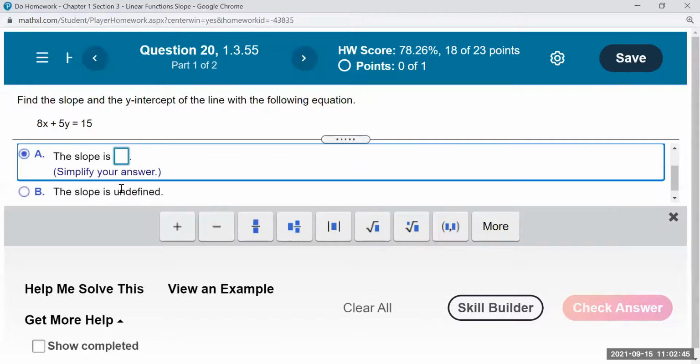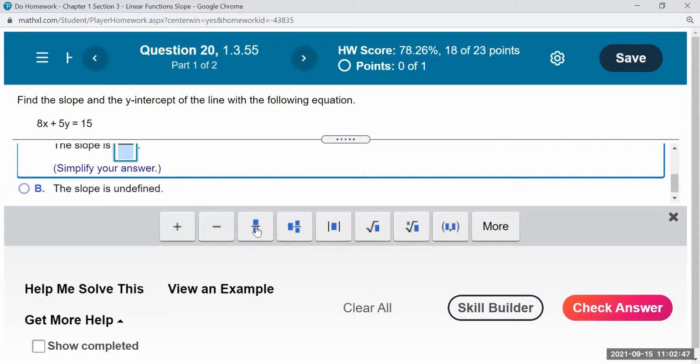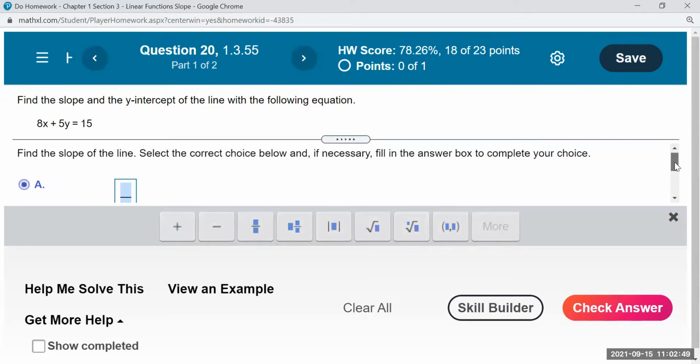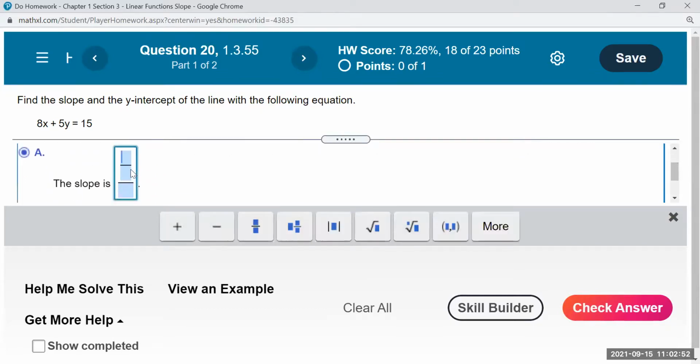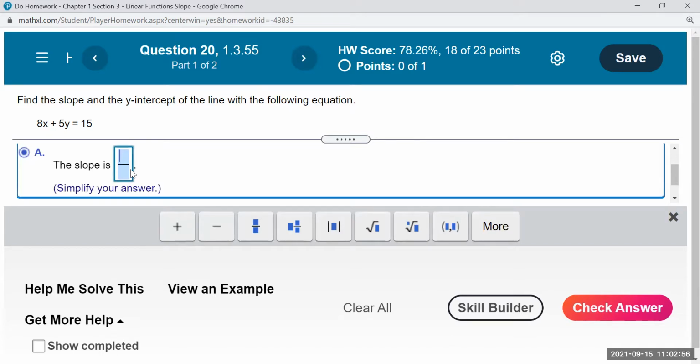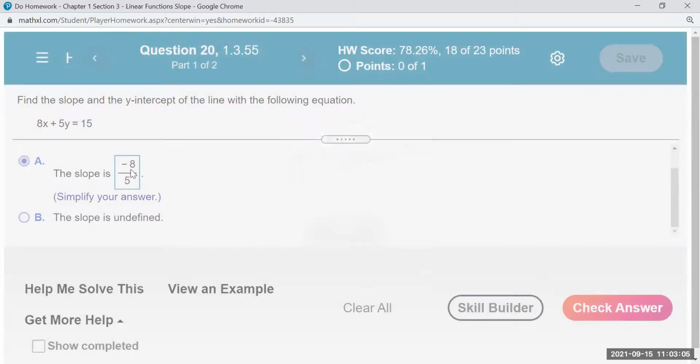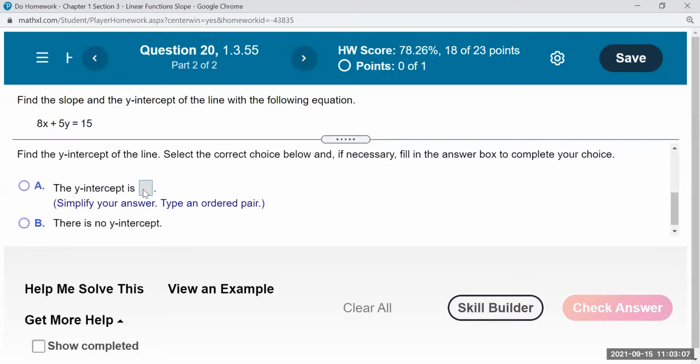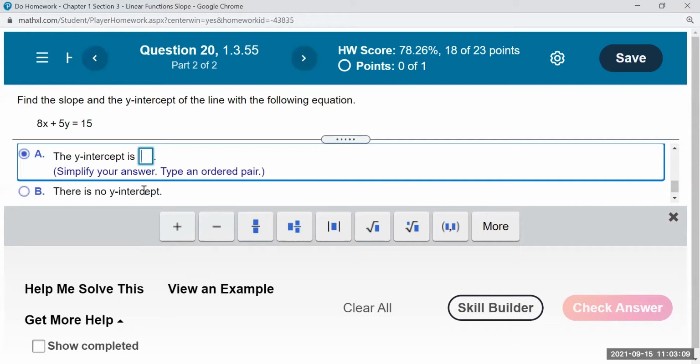So the slope is negative 8 over 5. And the y-intercept as an ordered pair, zero comma 3.